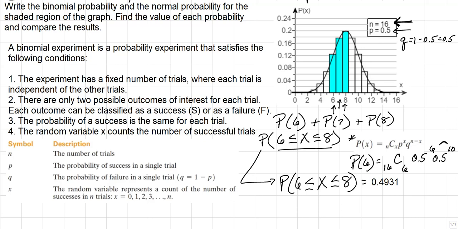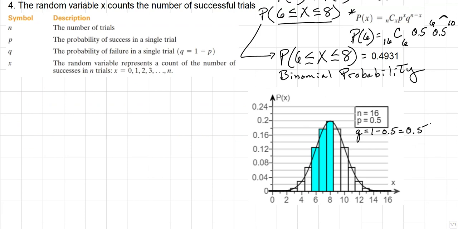The reason is that I'm going to make a couple of calculations to see if I can use the normal distribution to approximate the binomial. In this case, we want to use the following two tests. We want to multiply n times p and determine if it's greater than or equal to 5. We're also going to do n times q and determine if that's greater than or equal to 5. Remember, this is going to be a normal approximation.